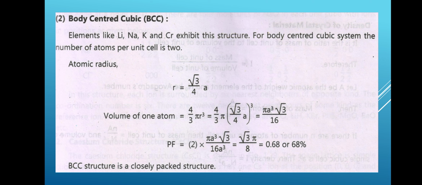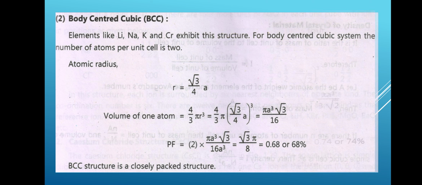Therefore packing fraction is equal to 2, that is number of atoms per unit cell, into volume of each atom, which is pi a cube root 3 divided by 16, whole divided by a cube. A cube is volume of unit cell. Now simplifying this equation, we get root 3 pi divided by 8, which is equal to 0.68 or 68%. Now BCC structure is closely packed structure.